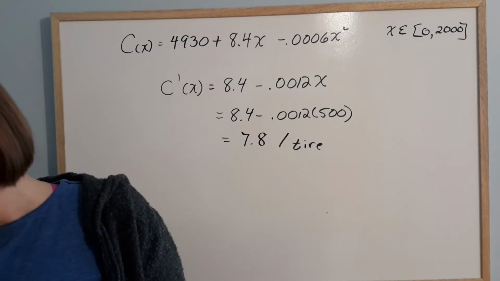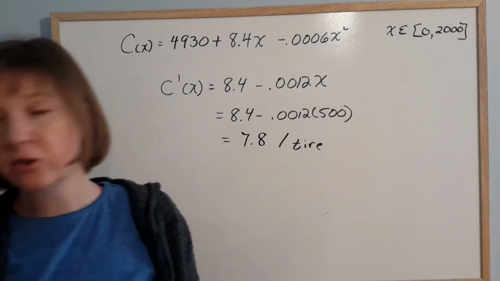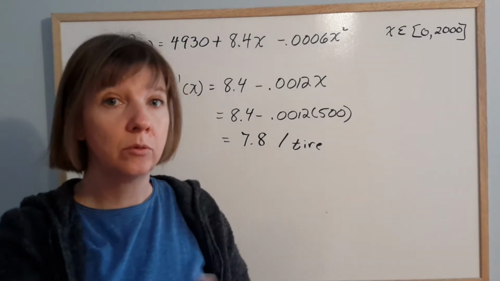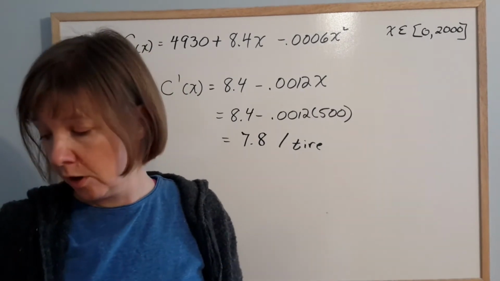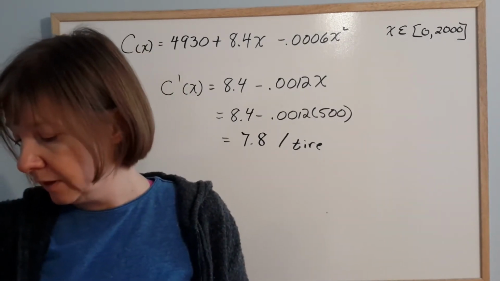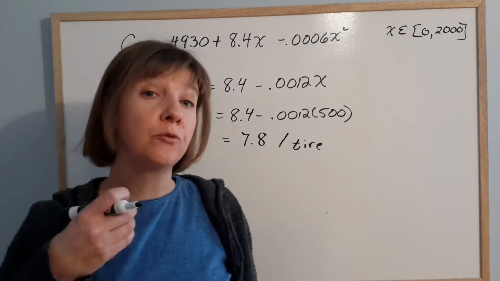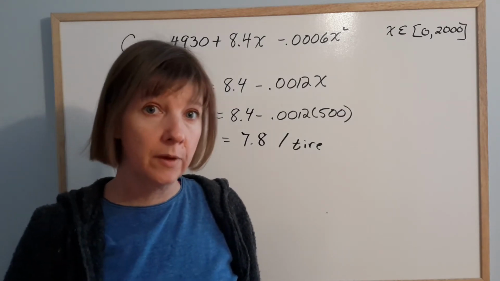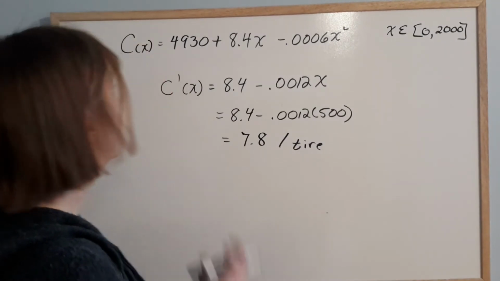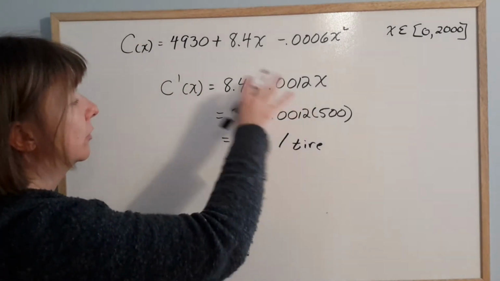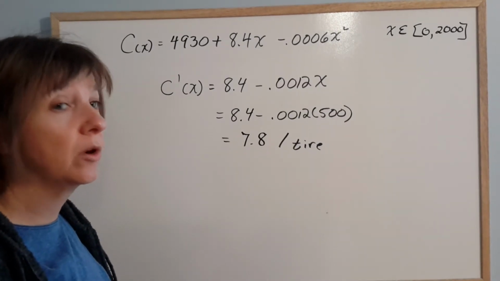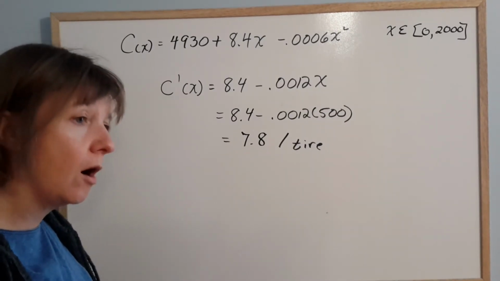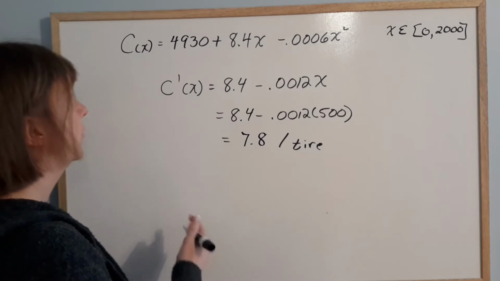Then they say find the actual cost, so no marginal in that sentence. Find the actual cost of producing the 501st tire. So instead of using the marginal, we're going to use the cost formula, because they didn't ask what is the marginal cost. They said what is the cost of making the 501st tire.